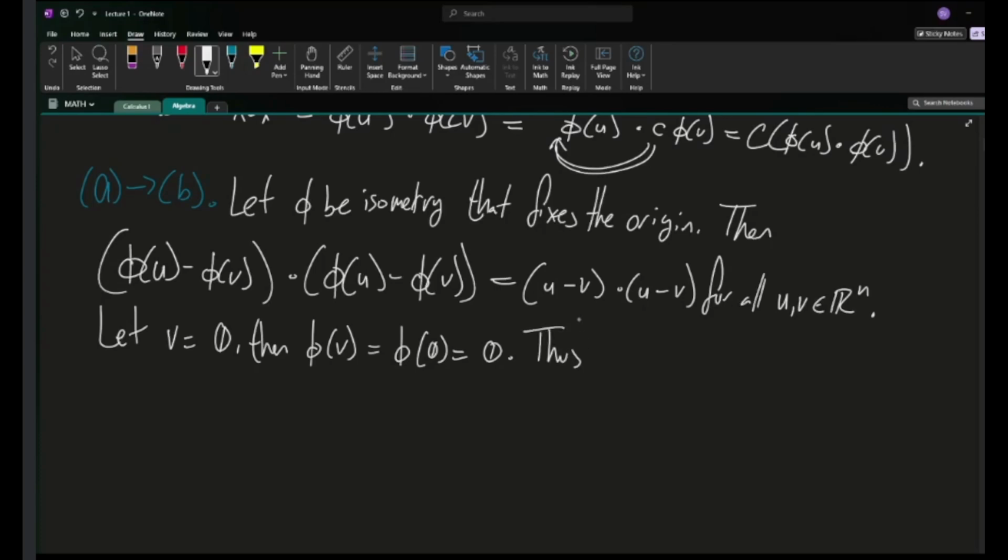Thus, phi of u dotted with phi of u is equal to just u dot u. Similarly for phi of v.